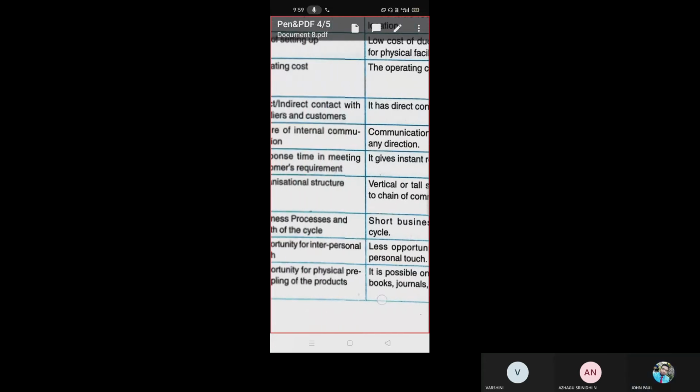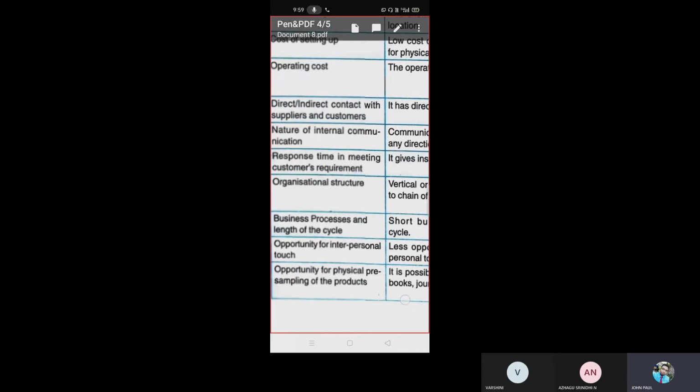Then opportunity for physical pre-sampling of products. What do you mean by pre-sampling? Anyone? Before buying 1 kg halwa, we will ask them to give a small sample. Will you do that? Yes, sir. Before buying fruits, we will ask them to give a small sample, especially grapes.